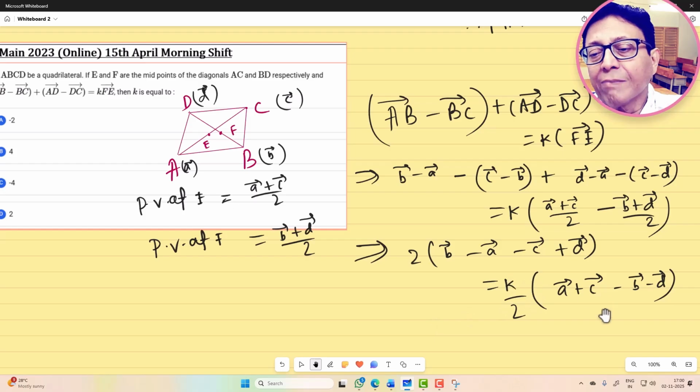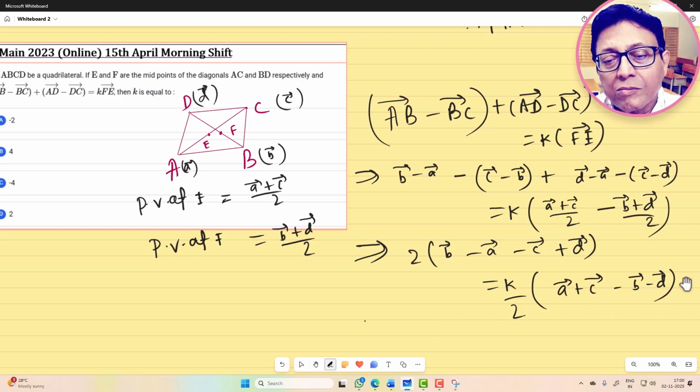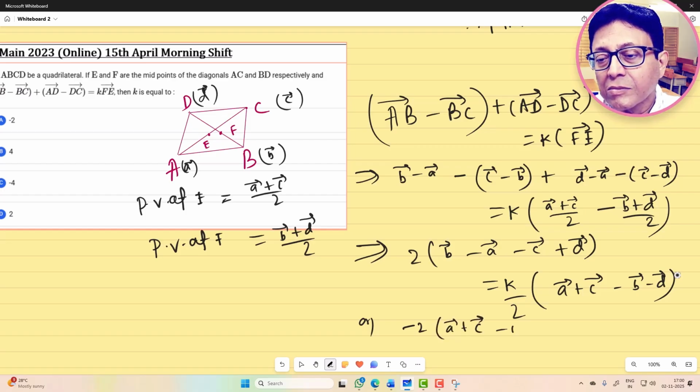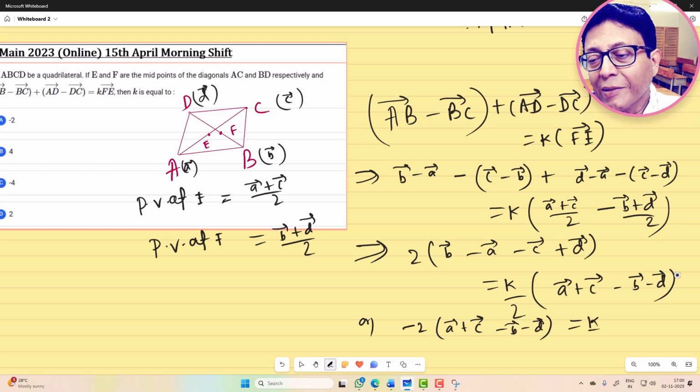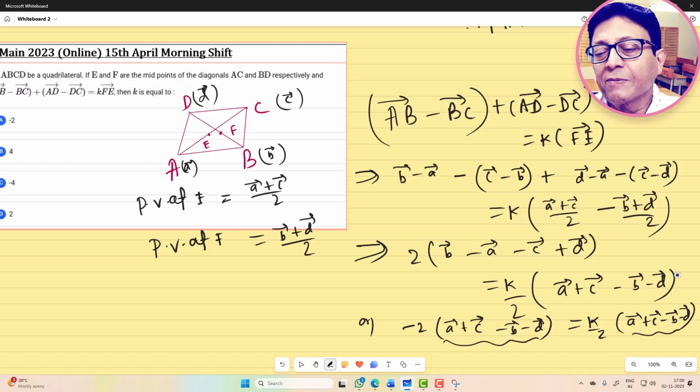Are you seeing that left hand side equal to right hand side? You take minus 2 common from the left side. It will be K by 2. So two sides vectors are equal, scalars must be equal. So what does this imply? Minus 2k plus 2.